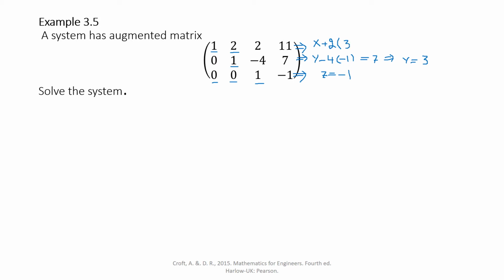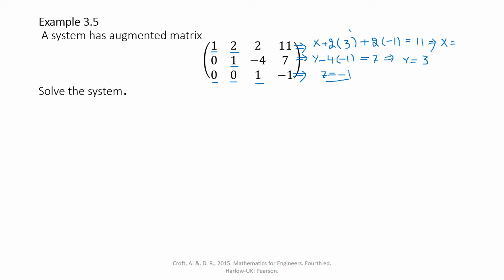3, then plus z is 2, so 2, and the z value is here, which is minus 1 equals 11, and this provides us the x answer.